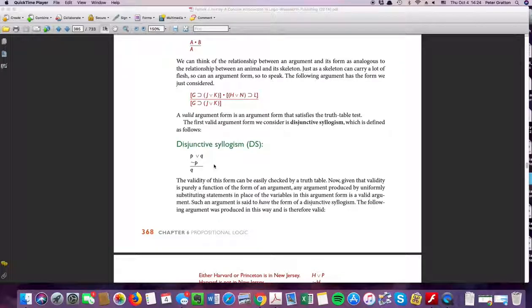And so the disjunctive syllogism simply means this. We know that if P or Q, if at least one of them is true, then P or Q is true. We also know that if P is not true, then Q has to be true. Okay, and we could see this in an easy Venn diagram.